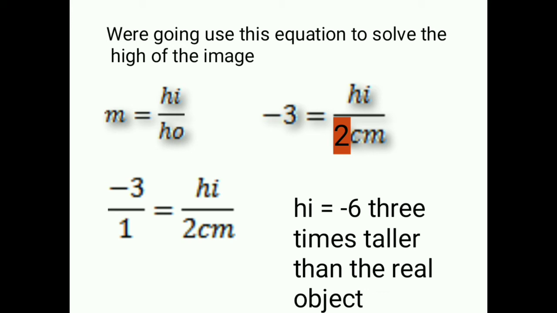Since the direction of the image is negative, it is in a downward direction.